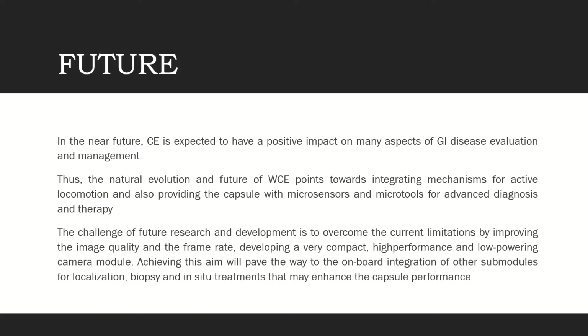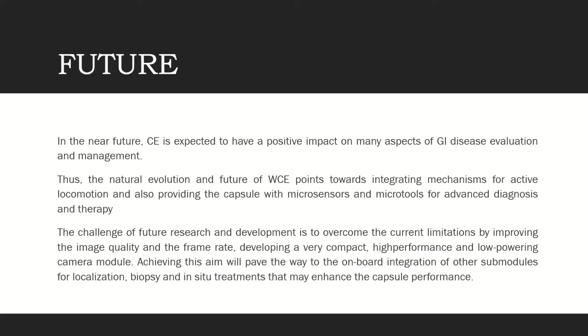Yes, in the near future, capsule endoscopy is expected to have a positive impact on many aspects of gastrointestinal disease evaluation and management. Thus, the natural evolution and future of video capsule endoscopy points towards integrating mechanisms for active locomotion and also providing the capsule with microsensors and microtools for advanced diagnosis and therapy.